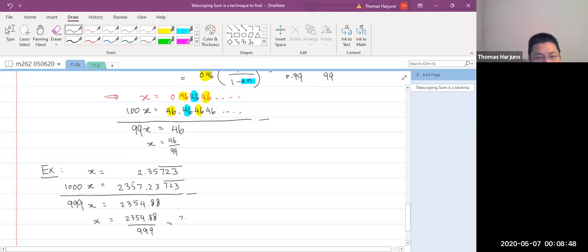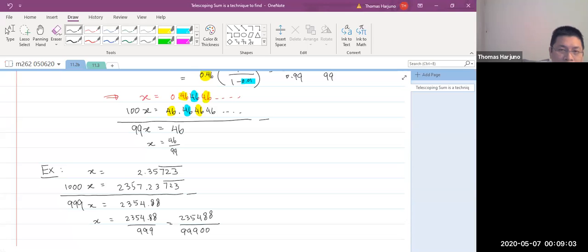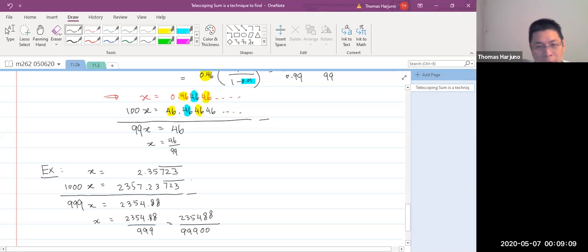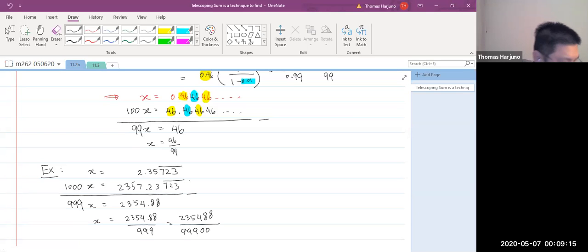Well, to make everybody happy, I multiply the top and the bottom by 100. Now I have integer over integer, therefore this x is a rational number. Of course you can simplify this, but once I can write that as an integer over integer, I'm done with the question that it is a rational number.